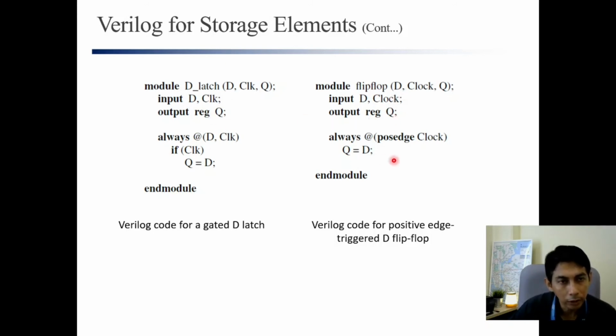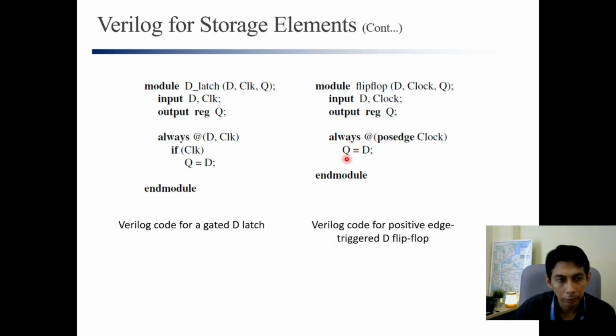And if we want to create a D flip-flop, what we need to do is this. The declaration is still the same. All right, in the always block now we need to have this keyword posedge. Posedge means that our flip-flop is sensitive to the positive edge of the clock. If we want to have a negative edge flip-flop, this is negedge, NEG.